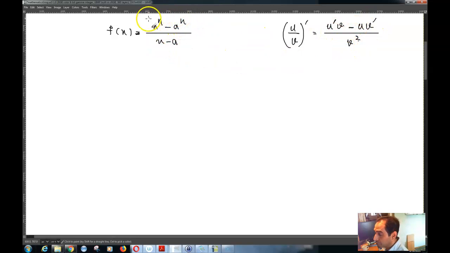So this becomes your u, this becomes your v. So then f prime of x would be equal to u prime times v minus u v prime over v squared.